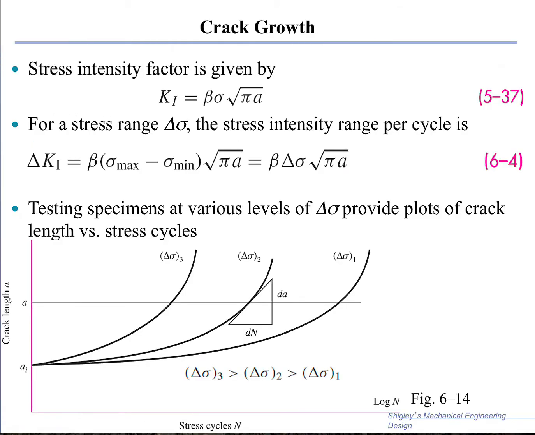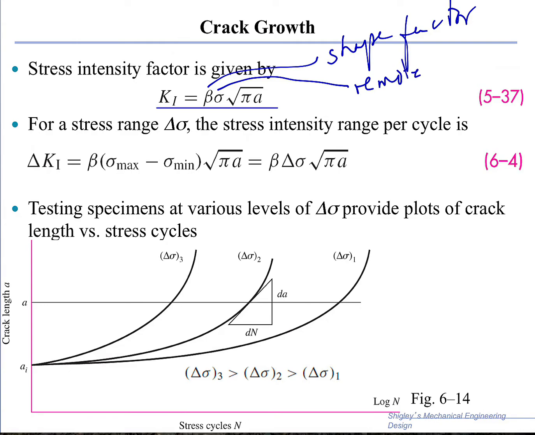So in this relationship, we know already that the stress intensity factor is made up of a shape factor that we can obtain from the tables or the graphs provided in manuals. Sigma is the remote stress. In other words, it is not the local stress close to the crack, but it is the applied nominal stress.